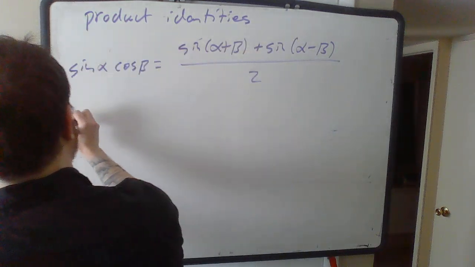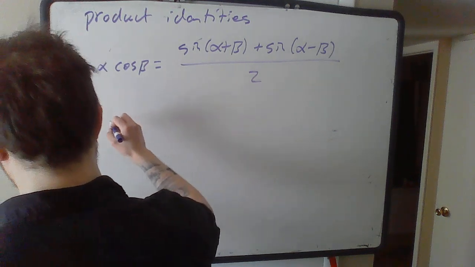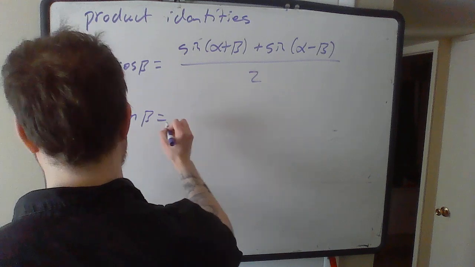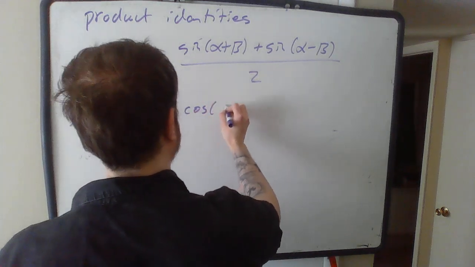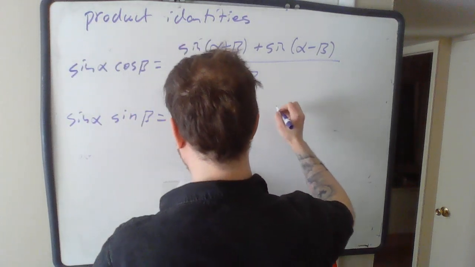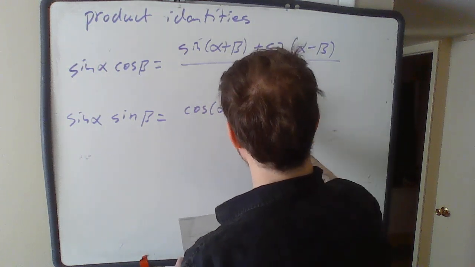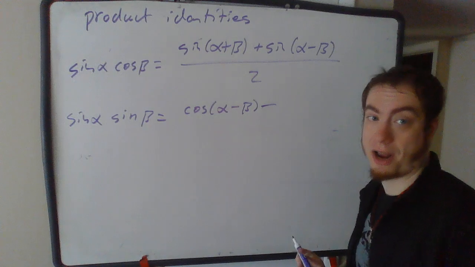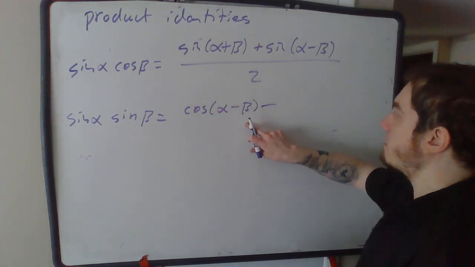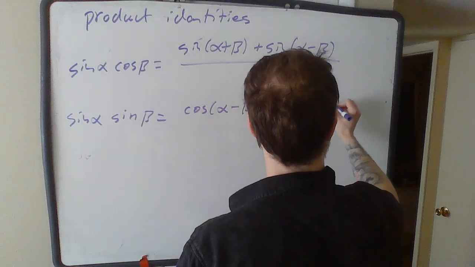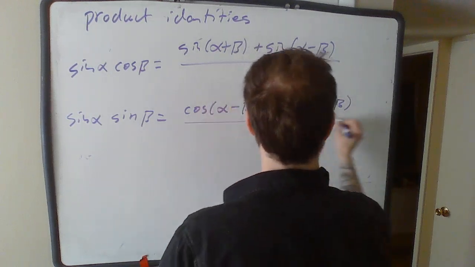You find that the sine alpha times the sine of beta is equal to cosine of alpha minus beta minus cosine of alpha plus beta, all divided by 2. These are really obscure. They're not things that I work with a great deal.